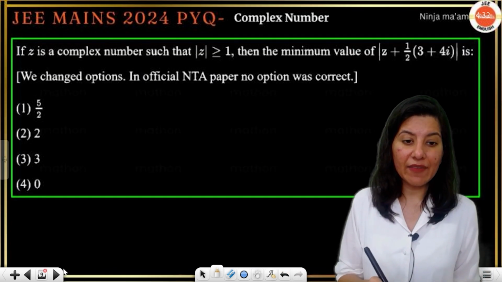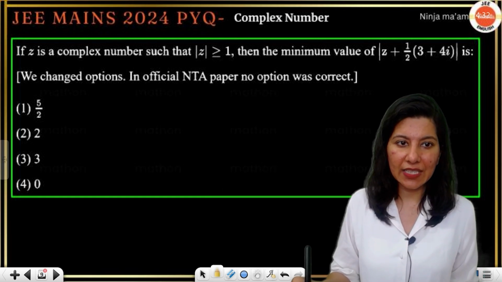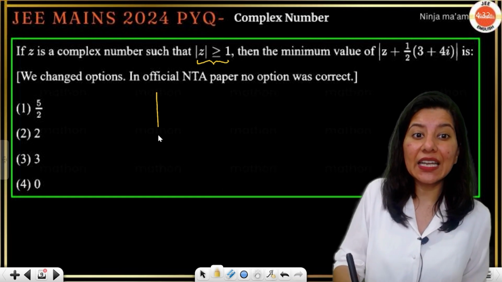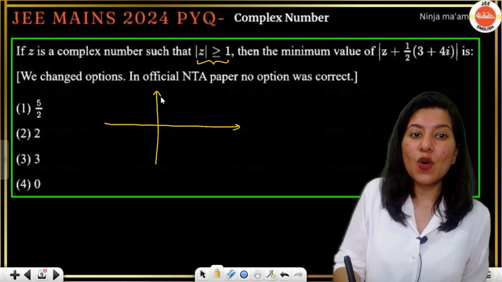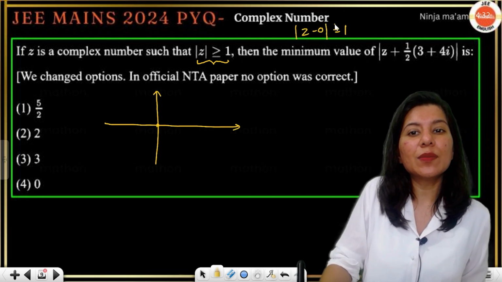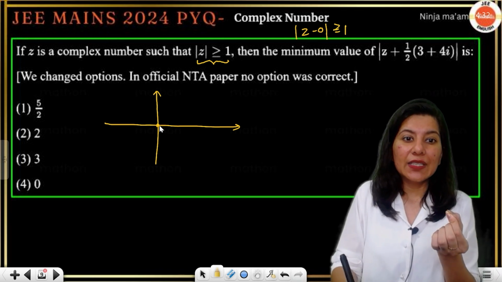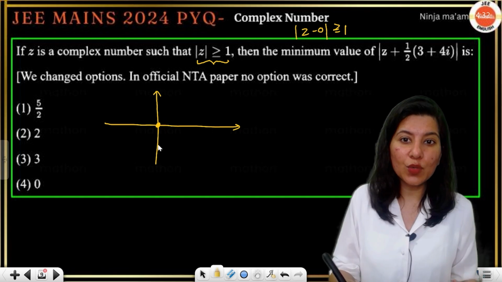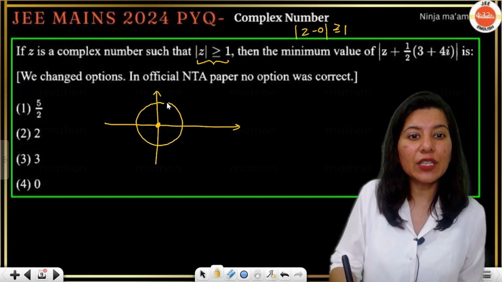And now we have another question on our screen which says, if z is a complex number such that mod z is greater than or equal to 1. Mod z equals 1, mod z minus 0 equals 1 means what? The distance of z from the origin is greater than or equal to 1.